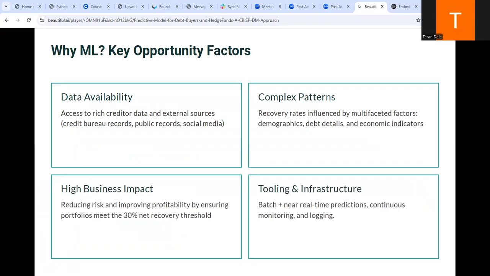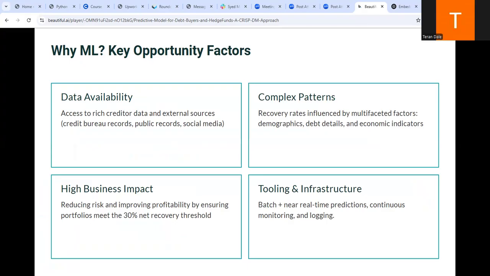So why these key factors as we touched upon? Data availability. We have access to rich credit data, external sources, complex patterns. And recovery rates are influenced by multiple factors: demographics, debt details, and economic indicators. High business impact, as I said, reducing risk, improving profitability by ensuring the portfolio meets the 30% net recovery threshold.